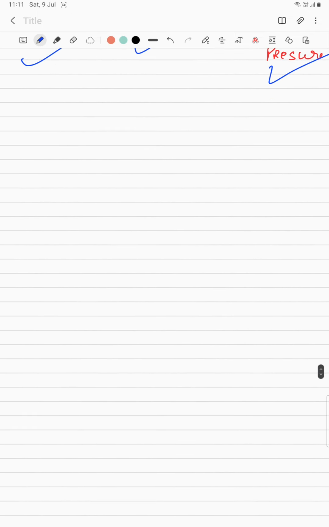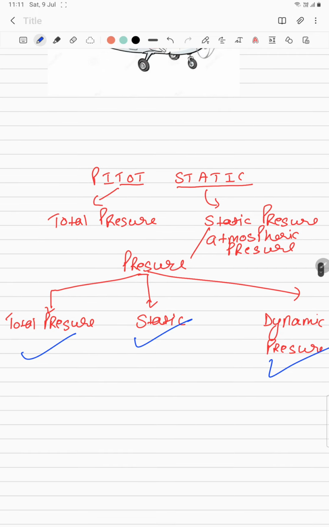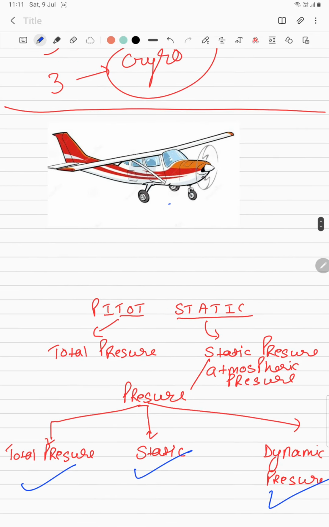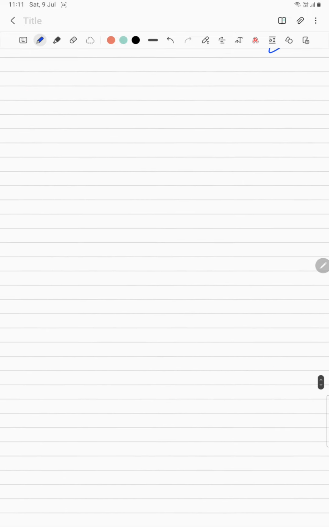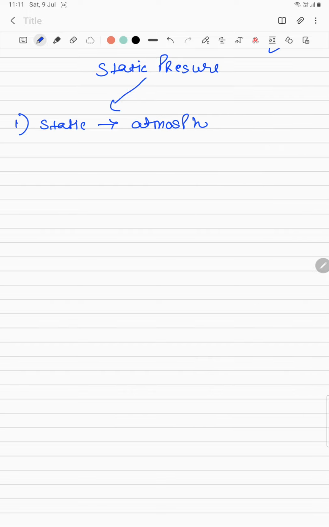So guys, if we talk about the static pressure, I'm going to drag this aircraft down up here. Okay, so guys, see your static pressure. Static pressure we can also say is the atmospheric pressure acting on the aircraft.